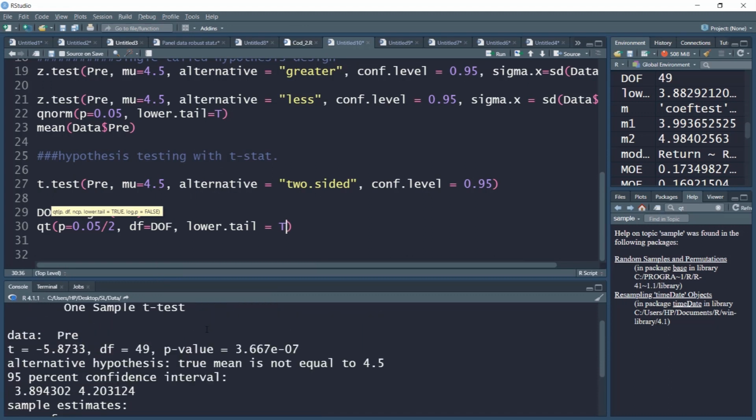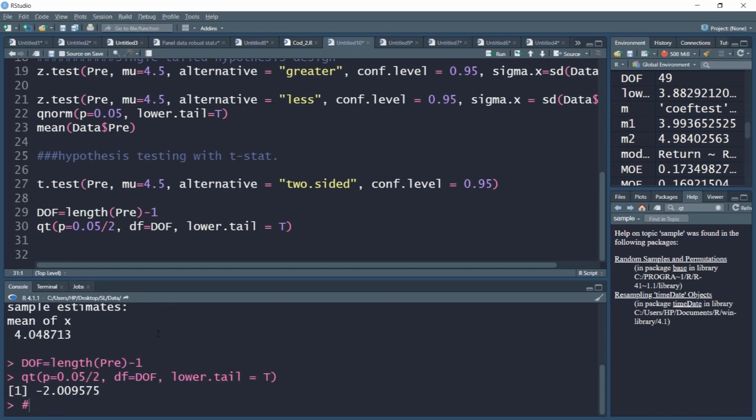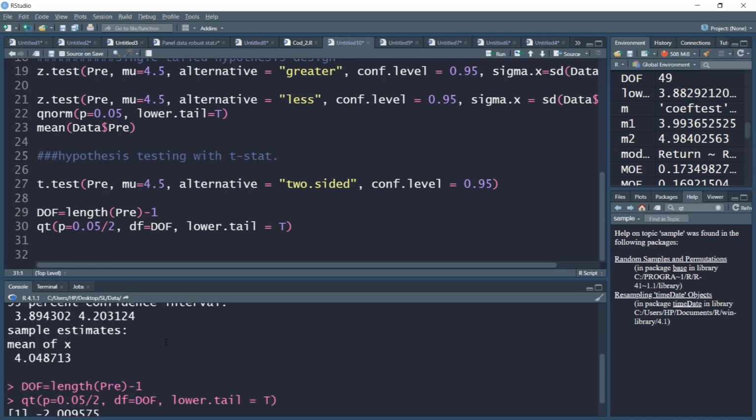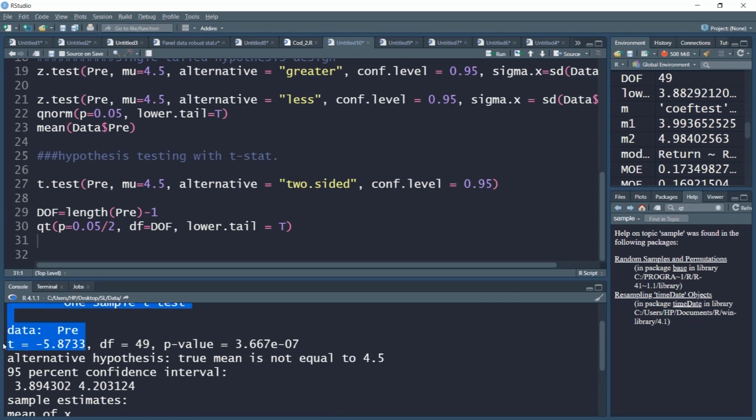As we discussed earlier, the t value appears to be negative, so it is more appropriate to examine the critical values on the lower side. So we generate this critical value, which is minus 2.00, as compared to our t value from this test, which is minus 5.8733. It appears to be quite small, and therefore we can safely reject the hypothesis that the population mean is 4.5.